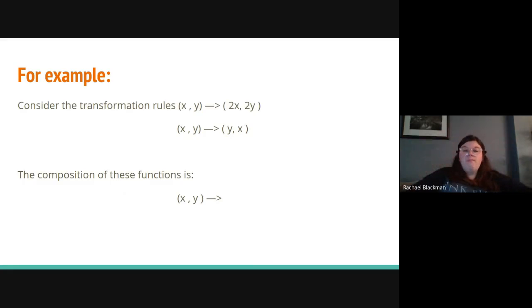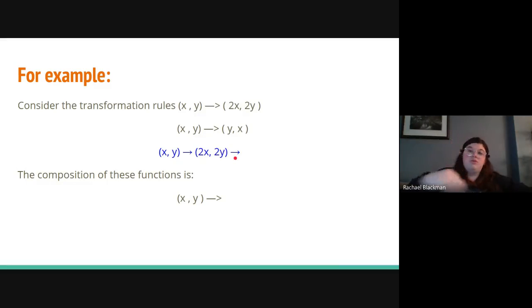So if we had to make a composition of these functions, put them all together, let's say we do our dilation first and then our reflection, what it's going to do is it's going to take a point, (x, y), and go to (2x, 2y). There's our dilation. Now, let's use this point as our new pre-image point with our reflection here. So according to this reflection, I take a point (x, y) and go to (y, x).